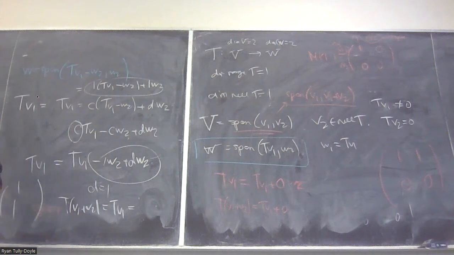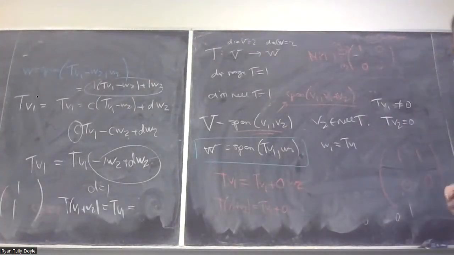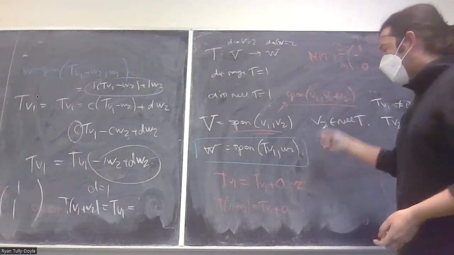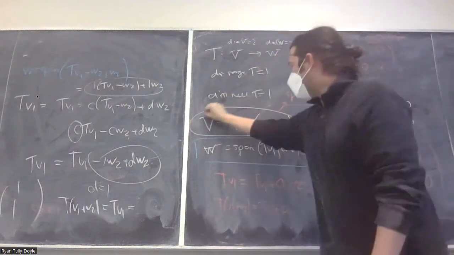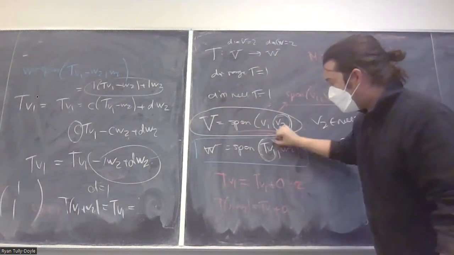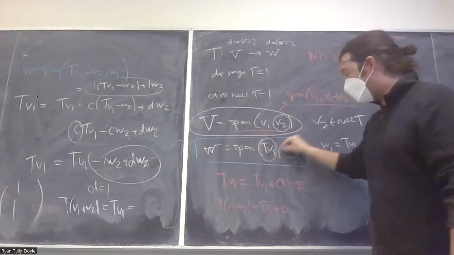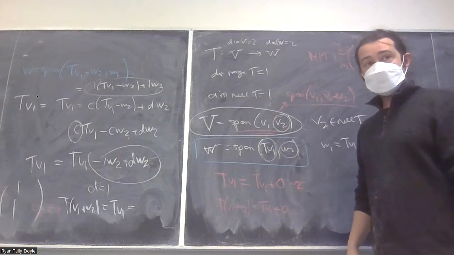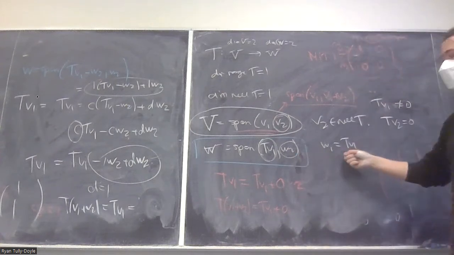Okay. Why is W1 equal to TV1? Is that how we define T? This was our first effort at making a basis. Our first effort was, let's let this be a basis for V, where this is in the null space. And for W, let's figure out where the range is, take a basis for the range, and then extend it to a basis for all of W. Okay, so if you define W1 first, that is the basis for range T. Yeah, this one right here, this is our first effort at doing this.